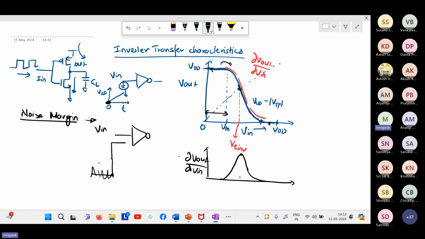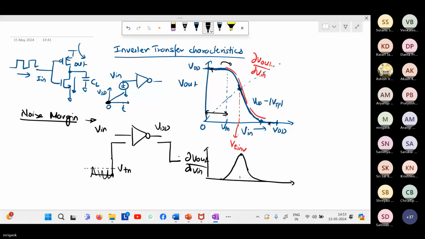As long as the magnitude of the input disturbance is below VTN, output will not see significant change. Output will remain close to VDD. This will be just the opposite.